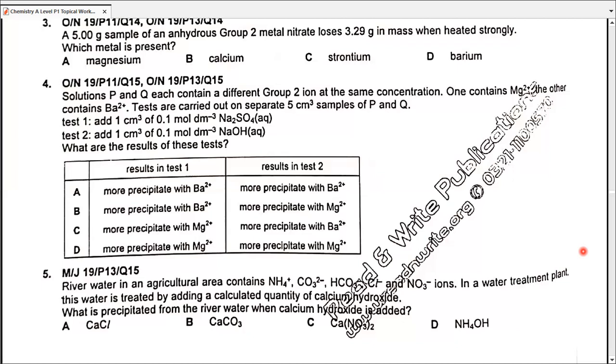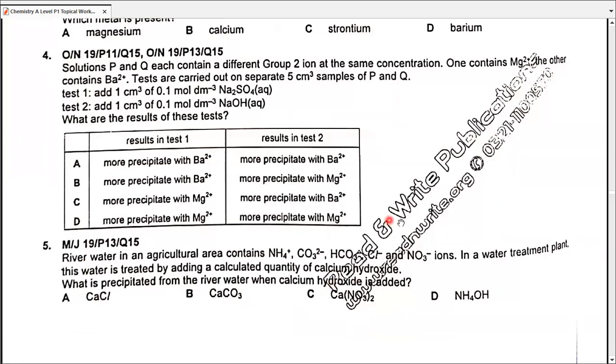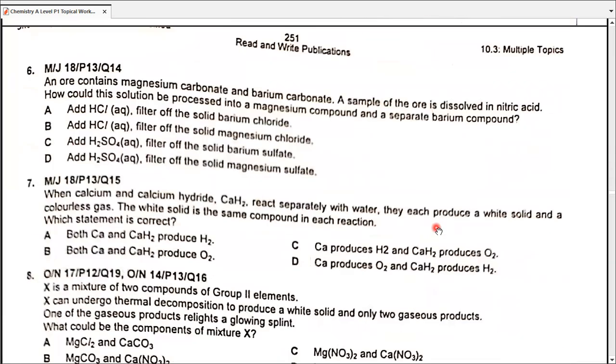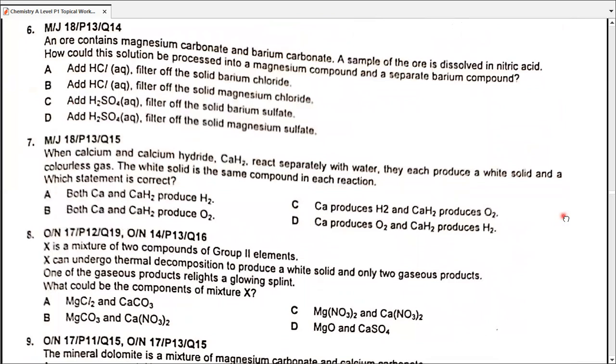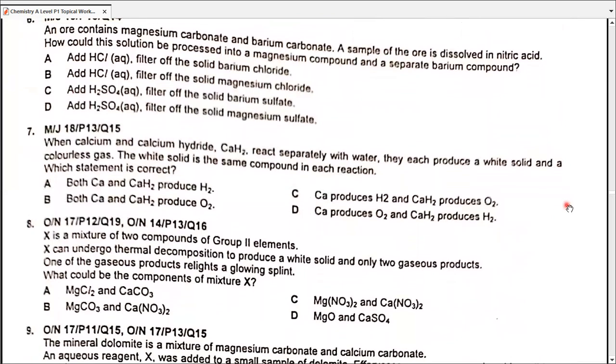Okay, good, good. Since we are already done with 5, let's start with 6. An ore contains magnesium carbonate and barium carbonate. A sample of the ore is dissolved in nitric acid.